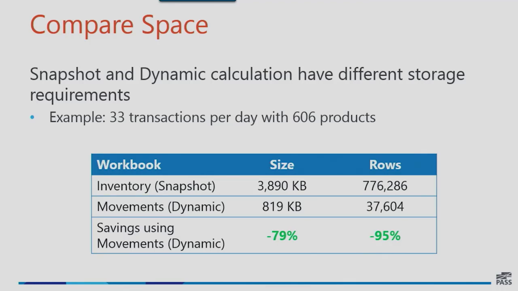And in this case, the movements table was better than the snapshot table for a number of reasons. However, you have to do this math for your specific scenario.